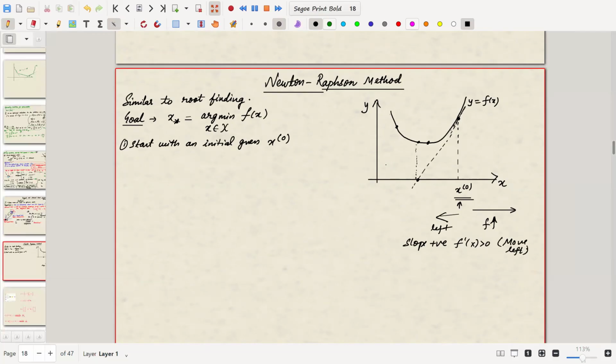Okay, now let us come to the other case. At this point, this tangent, what is the value of f prime of x? Negative. It makes an angle with the x-axis. So f prime of x is negative.